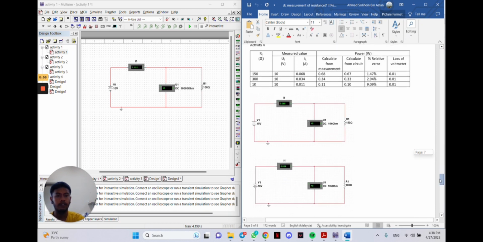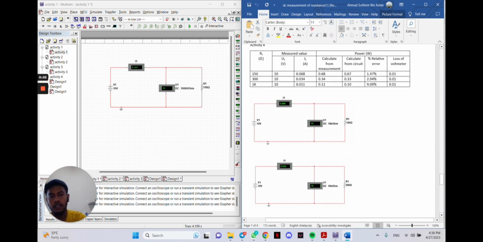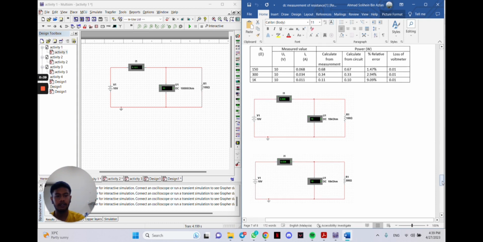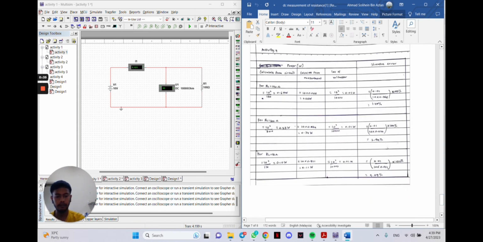And this is for activity 4. Each activity has a different arrangement of the circuit, but by using Multisim, the step is still the same. So I think that's all from me. Thank you.